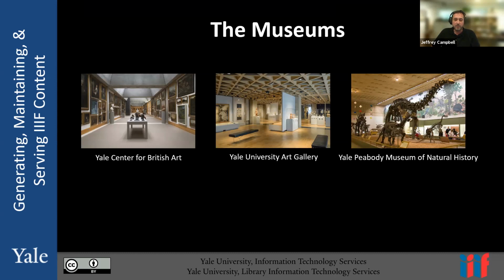And the Yale Peabody Museum of Natural History has vast collections ranging from dinosaurs and minerals, butterflies and plants, to anthropological collections. The museums have one implementation of IIIF, which is supported by my team in Central IT, and which leverages the museums' shared digital management ecosystem.